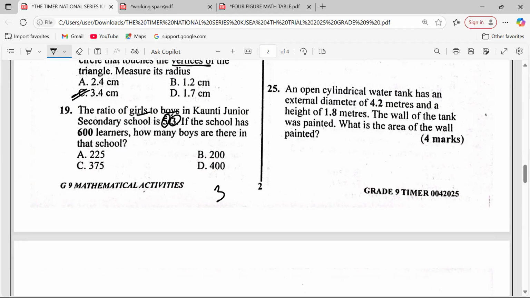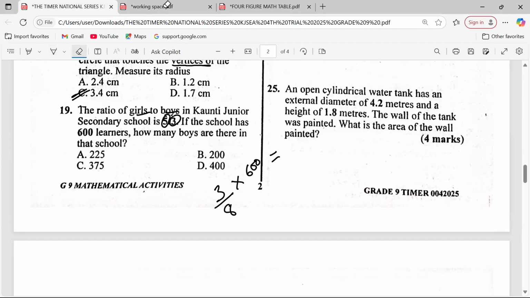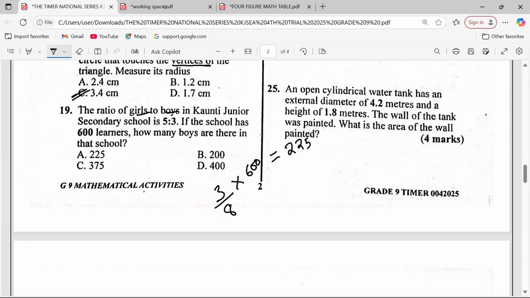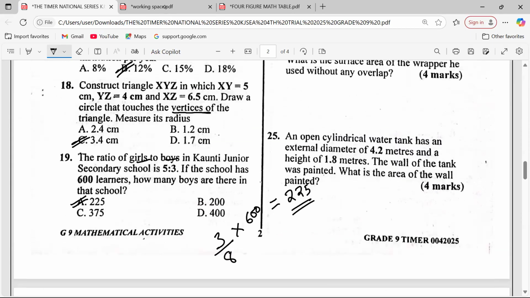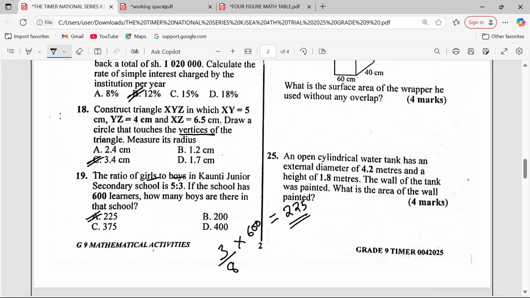So 3 out of the total 8 proportions multiplied by the total learners for us to know the number of boys. Then we shall have 3 out of 8 multiplied by 600. This is 225. So option A, that is the number of boys in county JS.